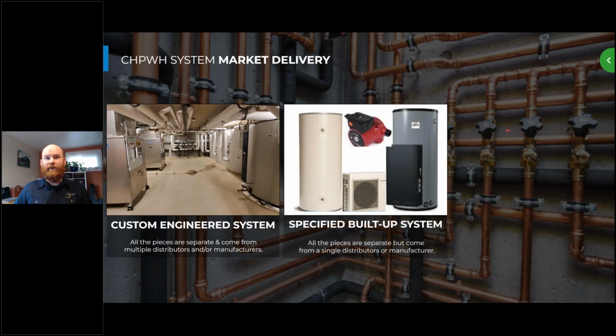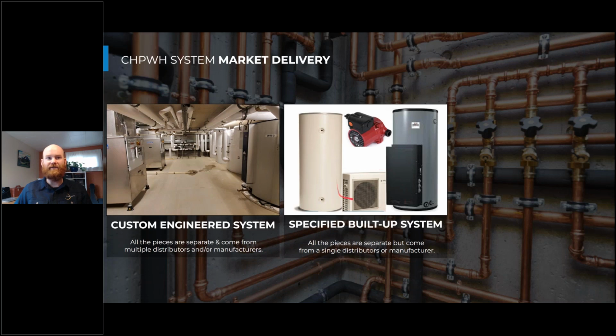There are other ways to deliver these to the market, and this is more of the IKEA approach to my woodworking example, with the specified built-up system. In this case, all the pieces might be separate, or some of them might be separate, but they're typically coming from a single distributor or manufacturer, and they're giving you a nice set of plans to show you how you connect all these up so that you're operating their heat pump water heater product in a very reliable and efficient operating state, right?